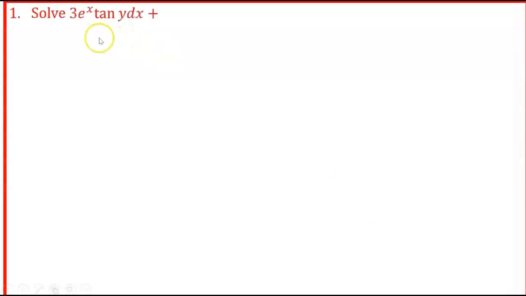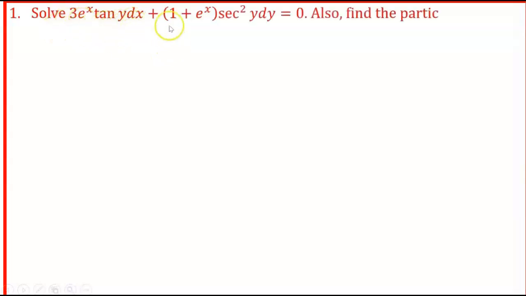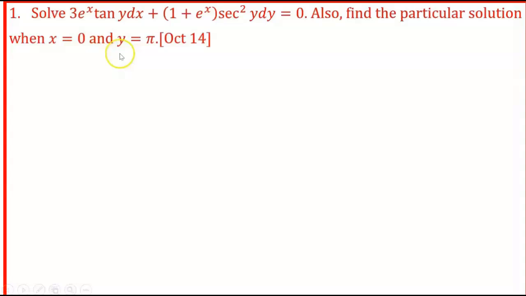First example: solve 3 into e raised to x into tan y dx plus, in bracket, 1 plus e raised to x, bracket complete, sec square y into dy is equals to 0. Also find the particular solution when x is equals to 0 and y is equals to pi. This question was asked in the October 14 examination. Now all these examples depend on the variable separable method.